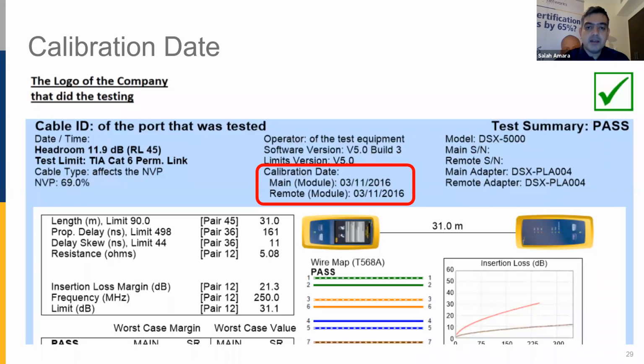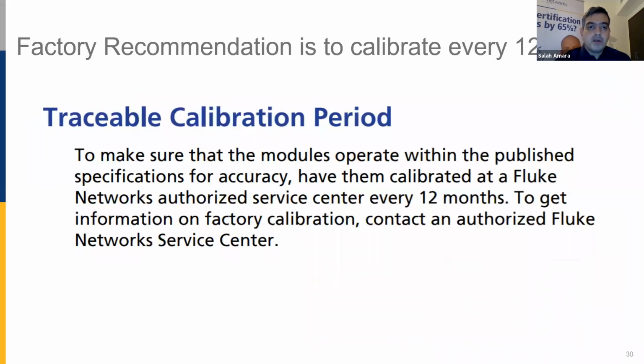So let's look at the calibration date. As Fluke Networks, we recommend to calibrate the tester every 12 months, okay? And that needs to be done with one of our authorized service centers. So we need to be very careful not to use a third-party calibration lab, which will do just a functionality test of a tester and give you a calibration certificate.